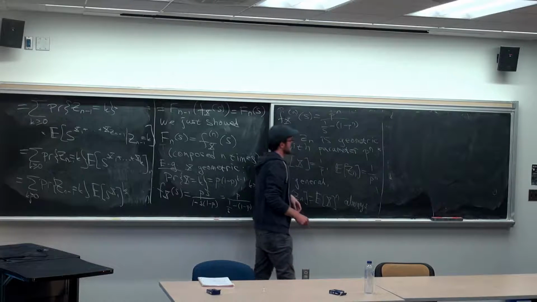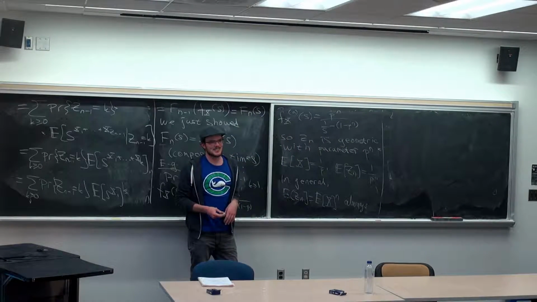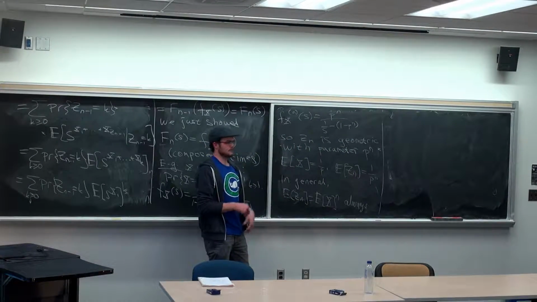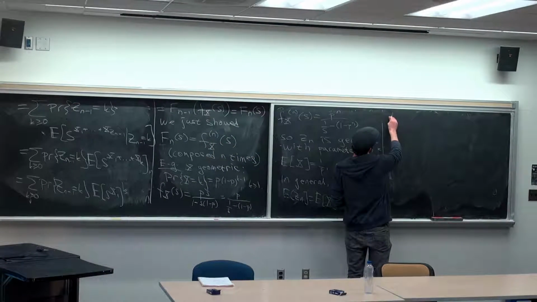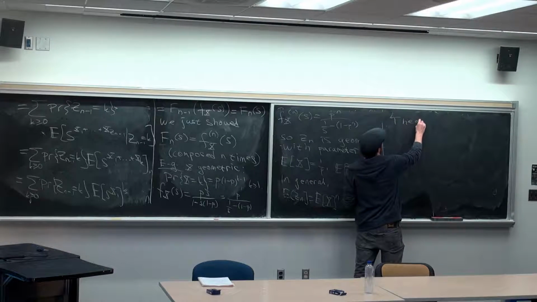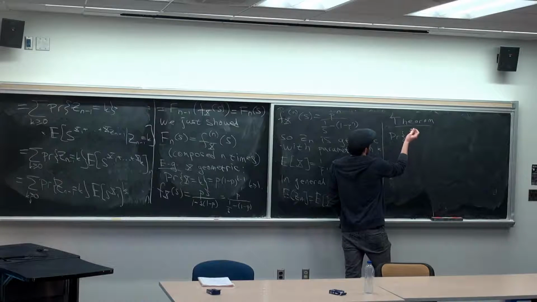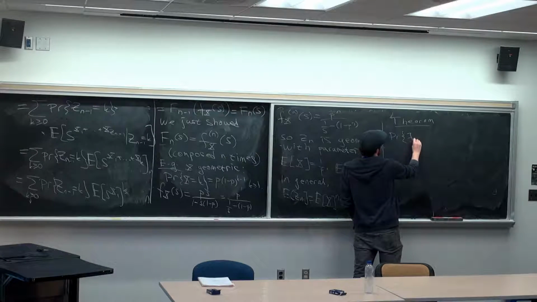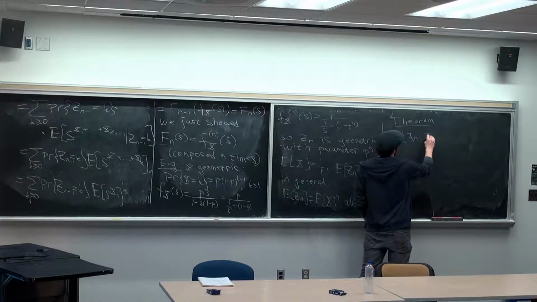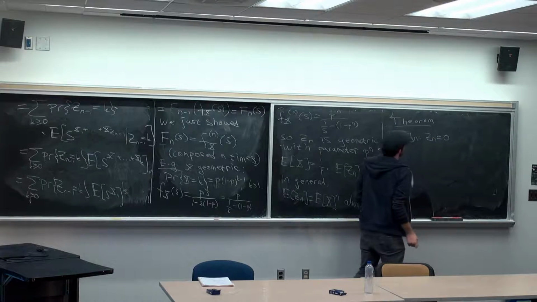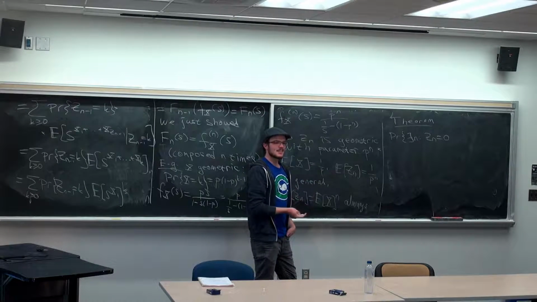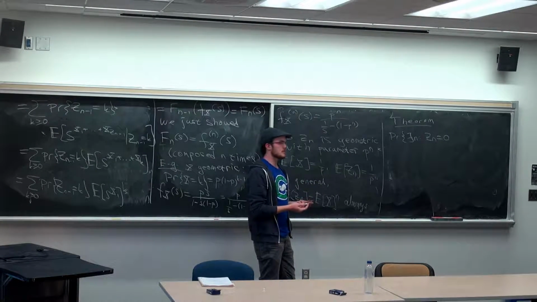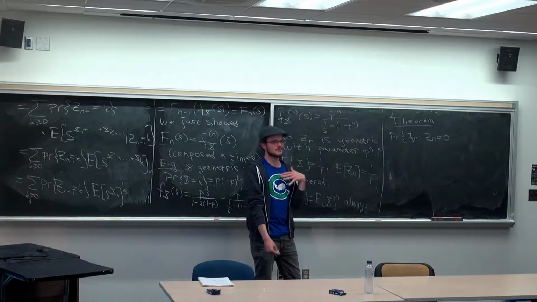Okay, so before I finish this introduction to branching processes, I should mention the famous theorem, the central fact that you always use when you talk about branching processes. The probability that there exists an n where a generation is empty, basically the probability of extinction, means that every generation after it is empty.